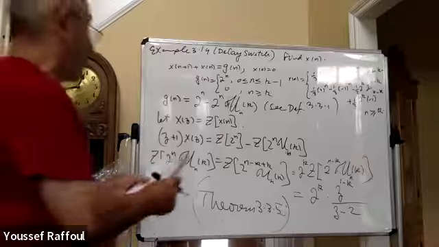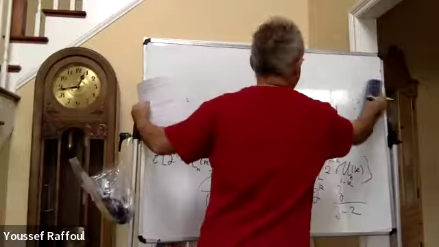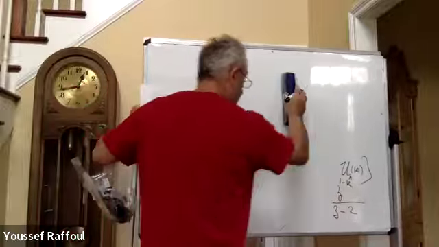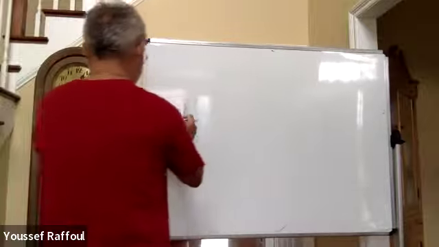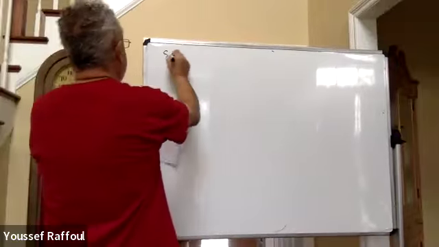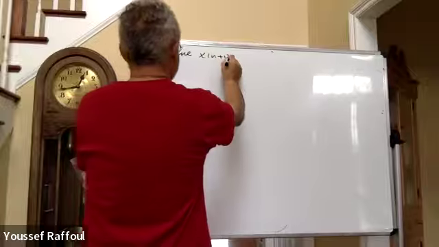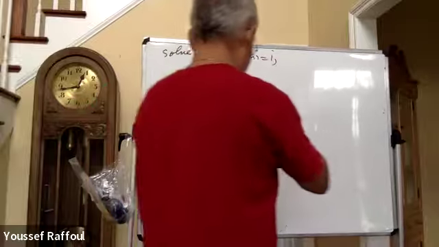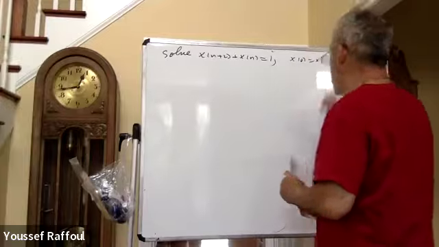I'm going to skip one example and do a second order. All right, solve x n plus 2 plus x n equal 1, x0 equal x1 equal 0.